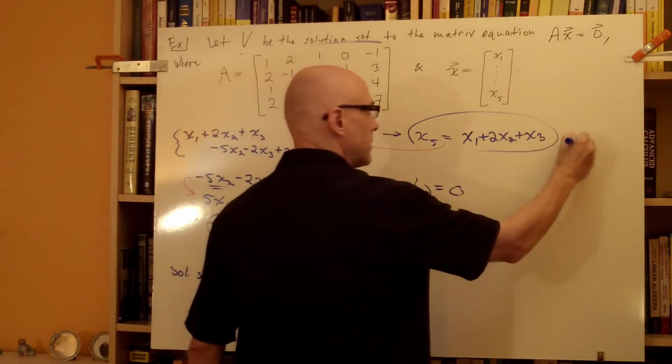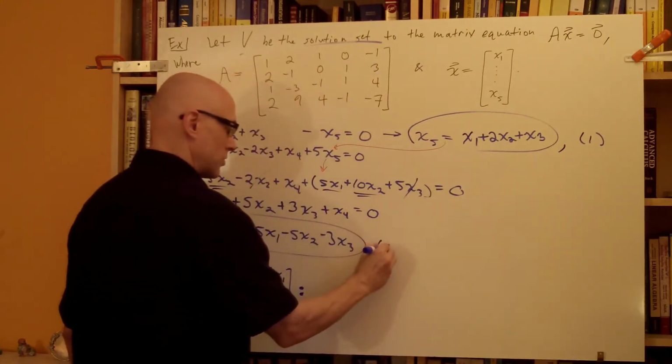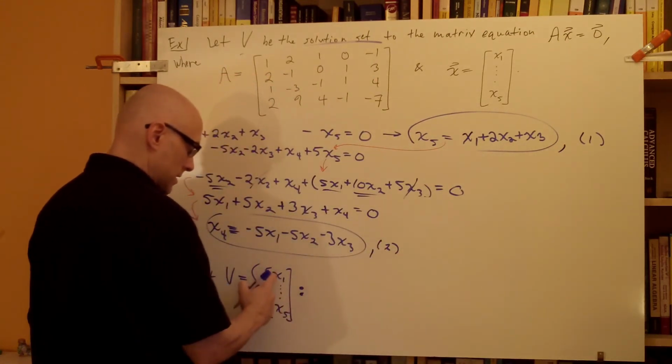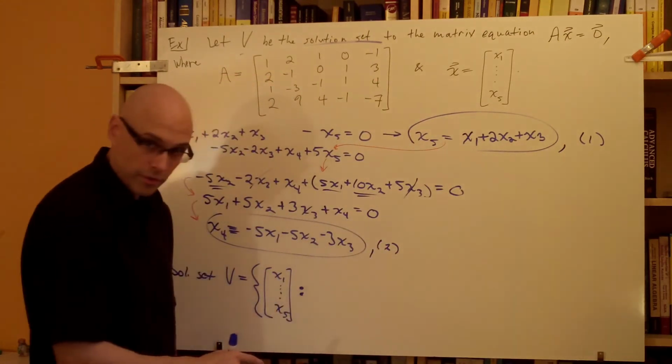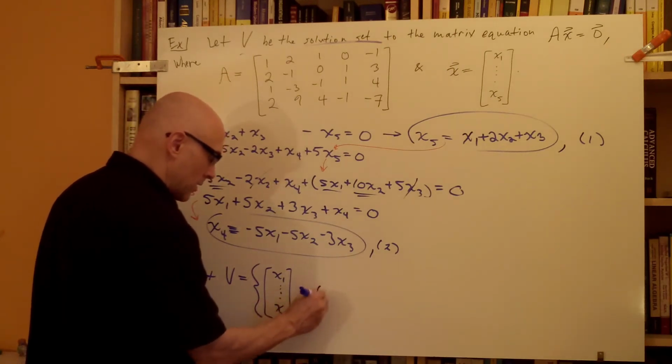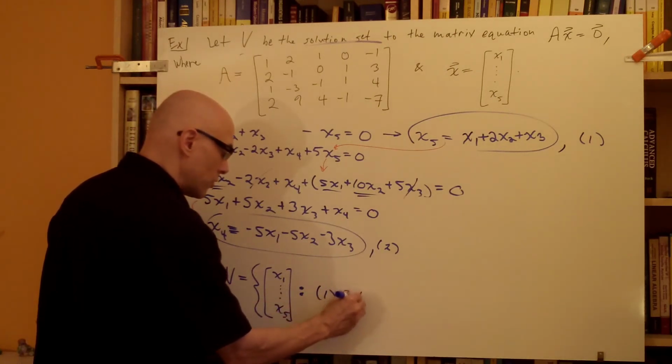Why don't we call this 1, and this 2. So it's the vectors with components x1 through x5 such that 1 and 2 hold.